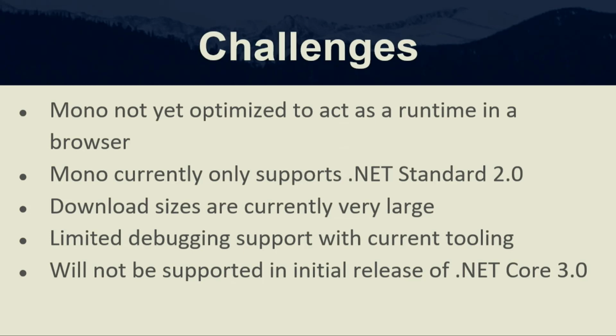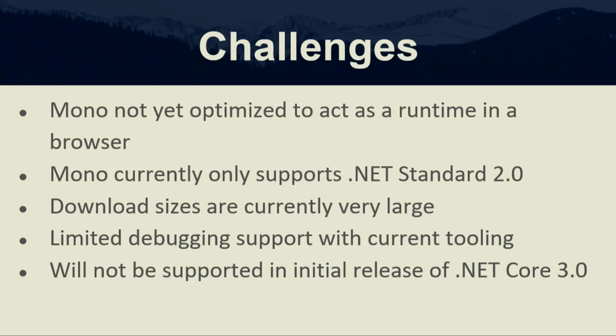And I guess the team that works on Mono needs some extra time to get it ready for prime time. Mono currently only supports .NET Standard 2. That's not really a big drawback, but if you wanted to use some of the things that are even further ahead than .NET Standard 2, then it's going to take some time to add them.